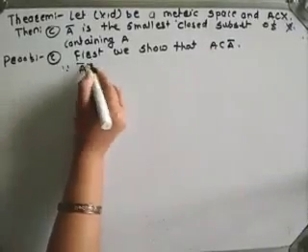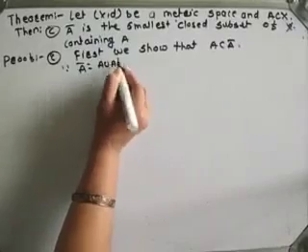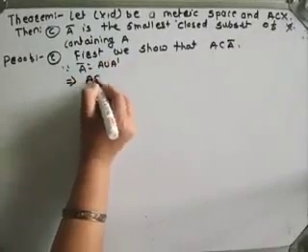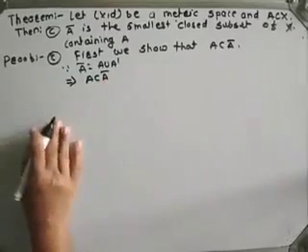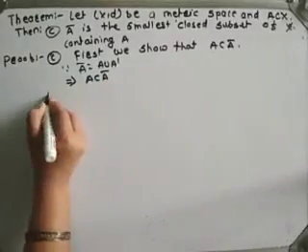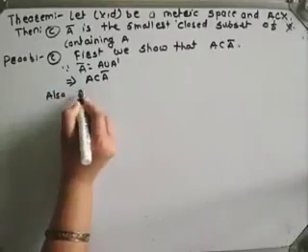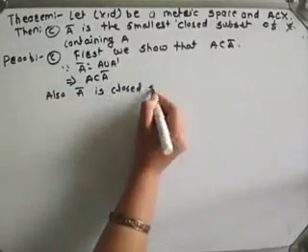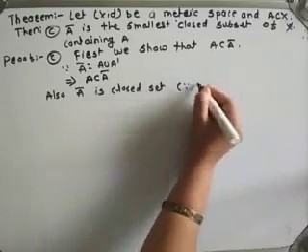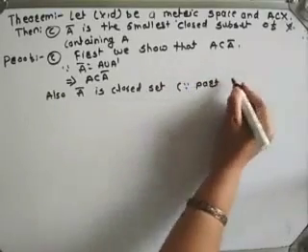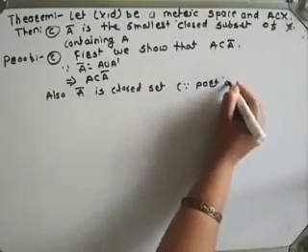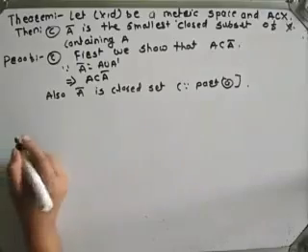Since A closure is equal to A union A dash, that implies A is a subset of A closure. Also, A closure is a closed set since by part A. In part A we have proved this.